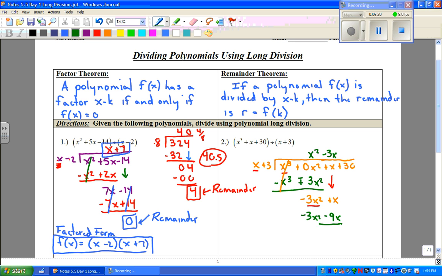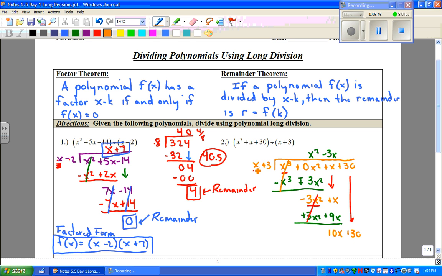And then remember, we take the difference. So a minus and a minus become a positive, and a positive here. Those would cancel out, and you get 0x squared. Then this becomes 10x, and you're going to bring this all the way down, so you're going to have plus 30.